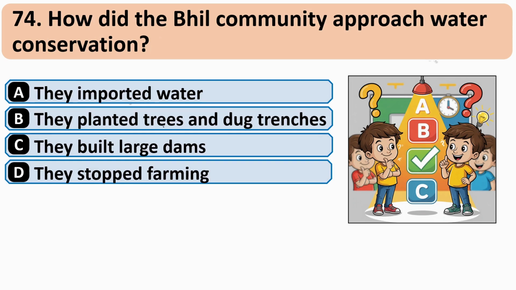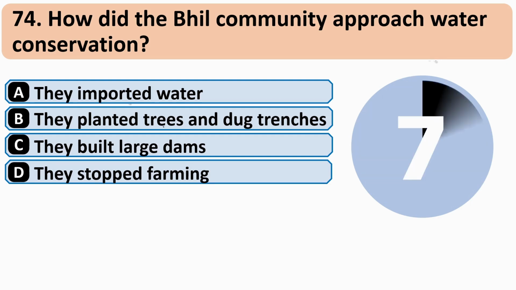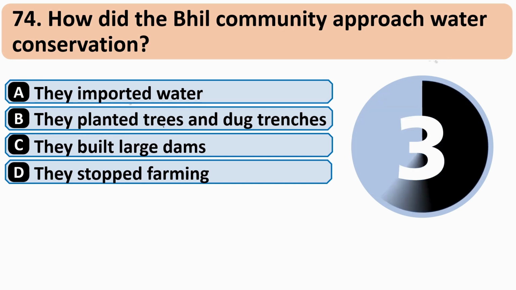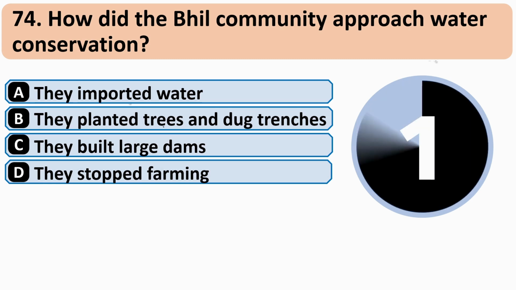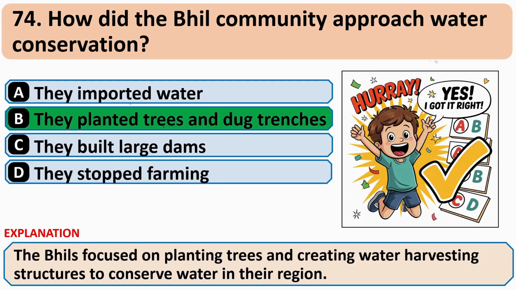How did the Bhil community approach water conservation? And correct answer is B, they planted trees and dug trenches.